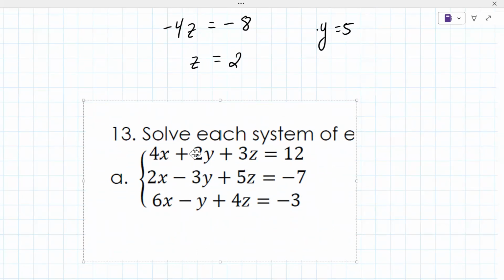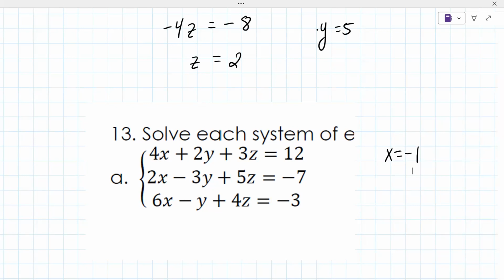Good one. I got x equals -1. Okay, all right, very good.